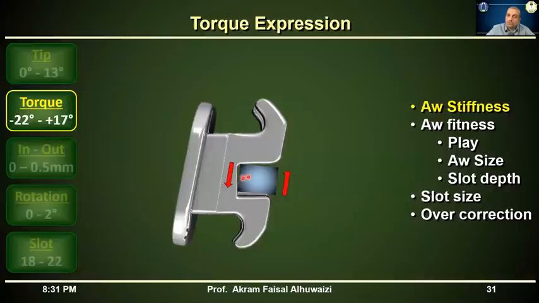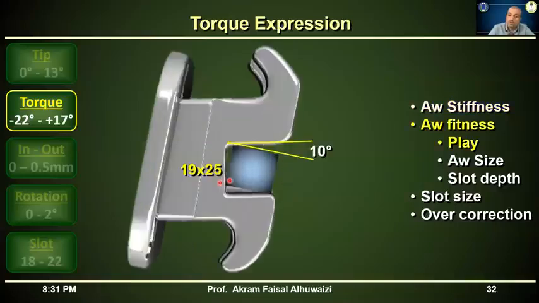They don't torque that well because the amount of force they generate isn't that much. If you want to torque, I would prefer using a TMA wire or, better than that, a stainless steel wire, because stainless steel wires are stiffer and they apply more force. And this force is very much required.